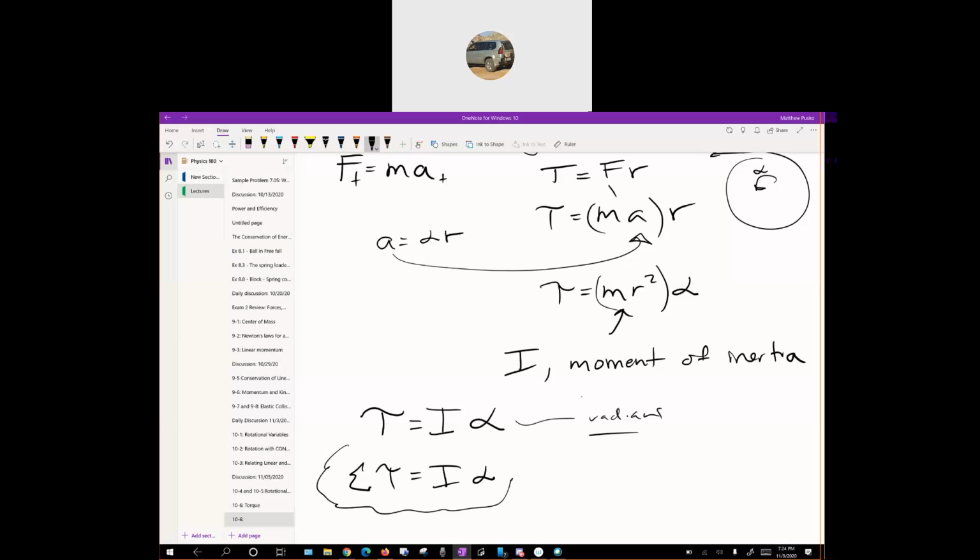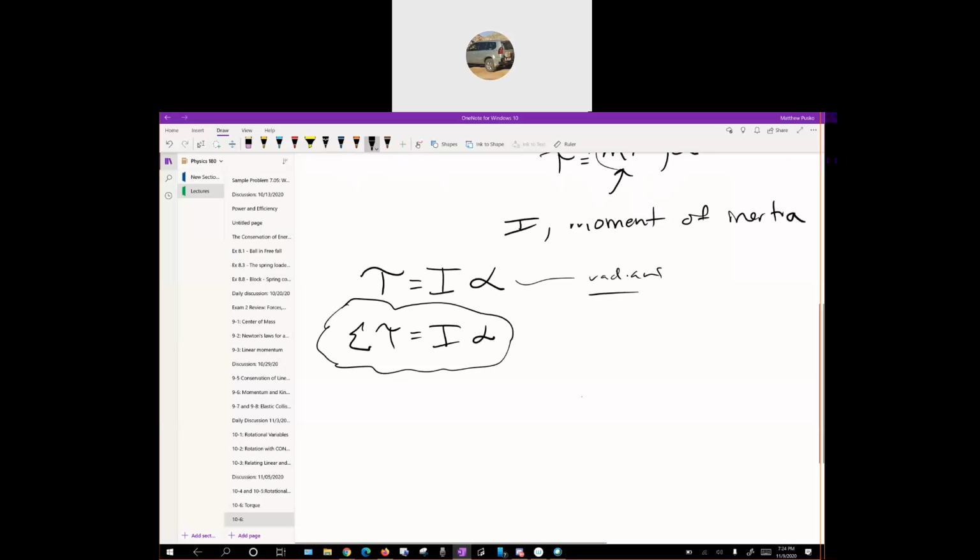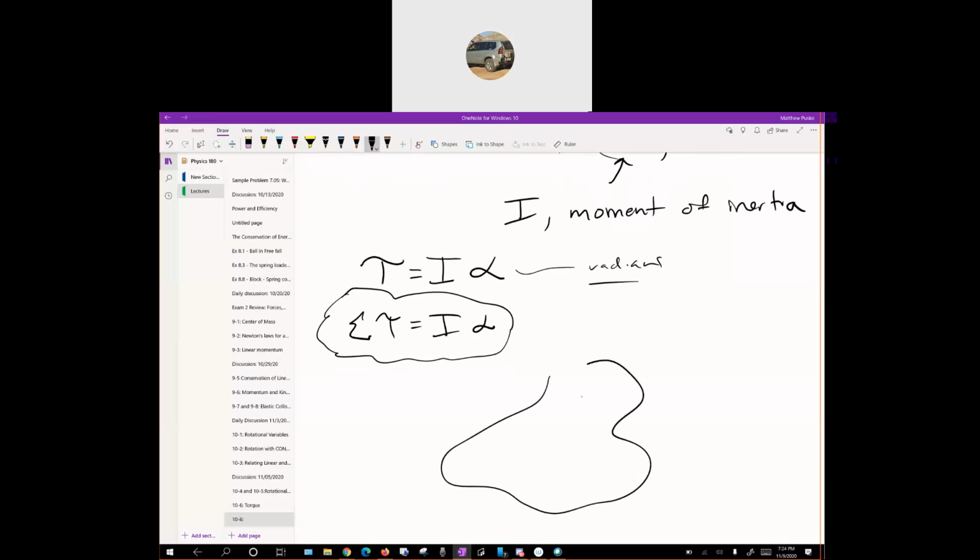But for now, let's say we have some object like this, and there's a force here, a force here, and a force here. Well, first thing we should do, if we know that it's bound to rotate about some point, is find those perpendicular distances. So it'll be d1 for F1, and this one looks like the perpendicular distance would be something like this.